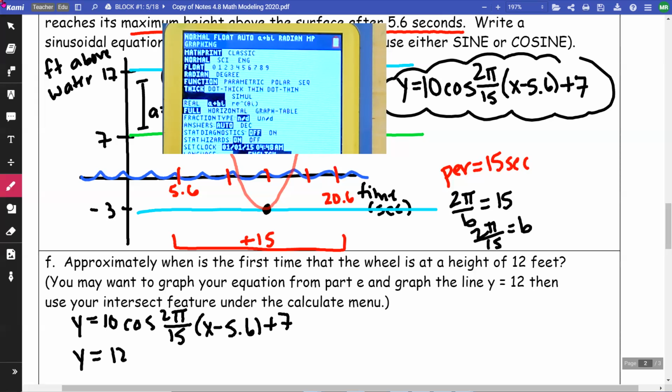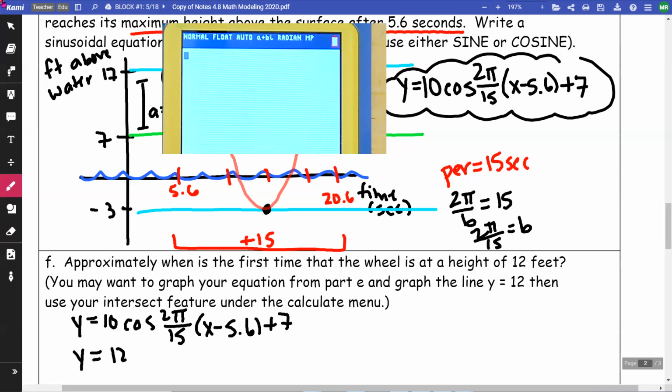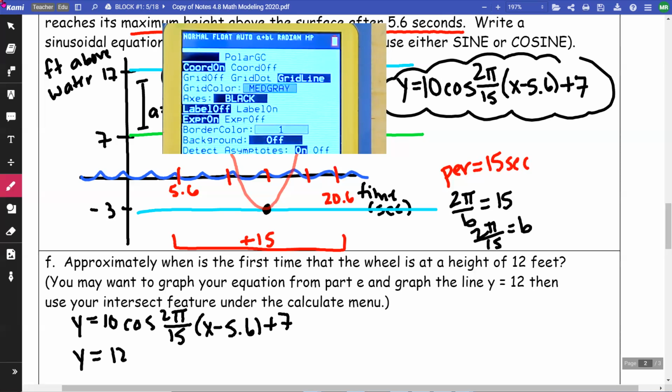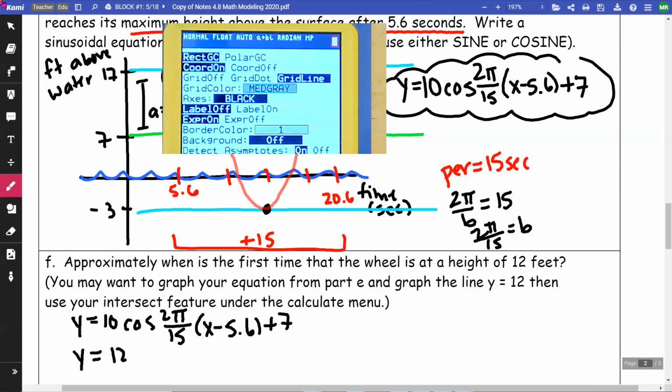Oh, that would be under, sorry, format. I apologize. I was trying to turn off my grid lines, just turning off my grid lines so I don't have 1,000 grid lines.